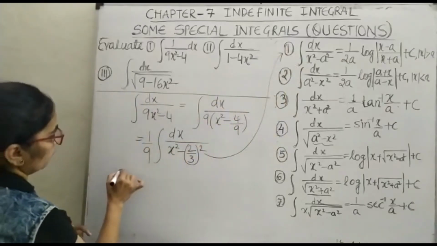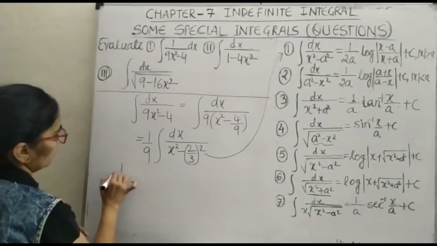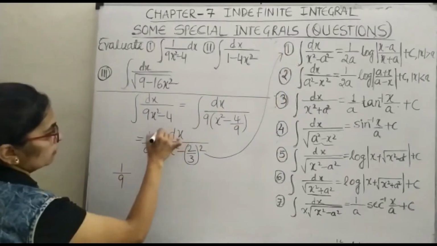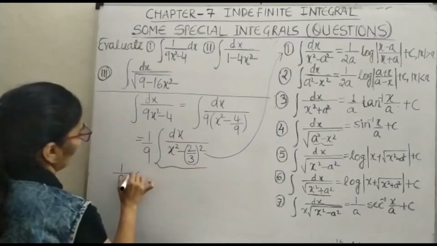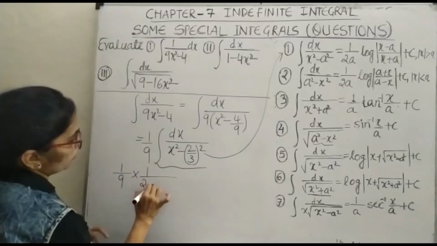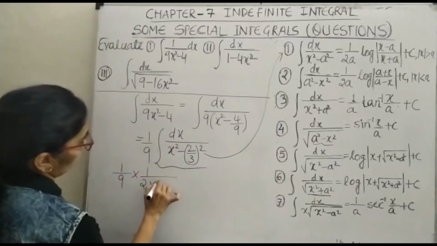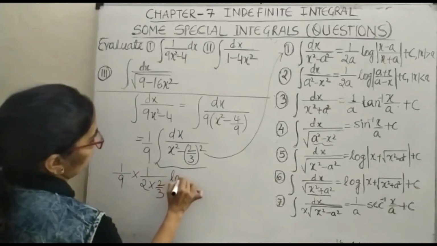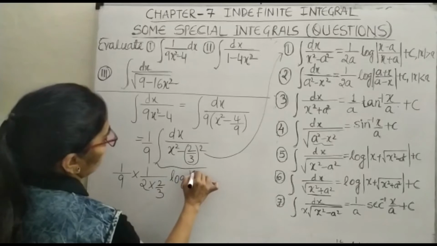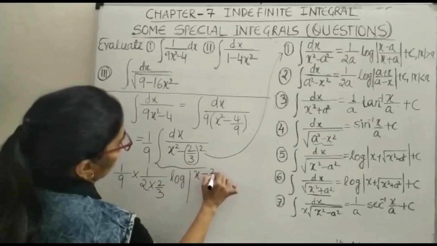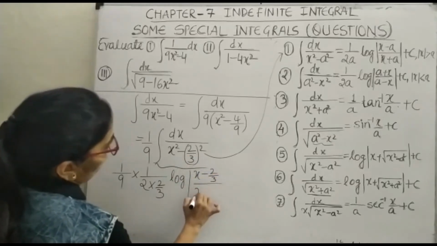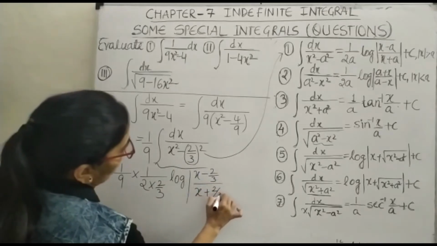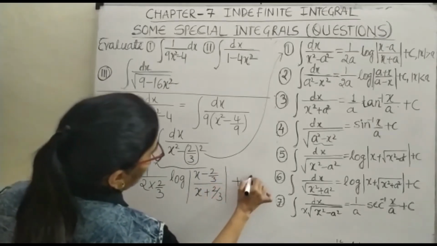Now you can apply the formula, 1 upon 9. इसका इंटीग्रेशन आपका क्या हो जाएगा 1 upon 2a. What is the value of a? 2 by 3. Right? Next, log x minus a, that is 2 by 3 upon x plus 2 by 3 plus c.